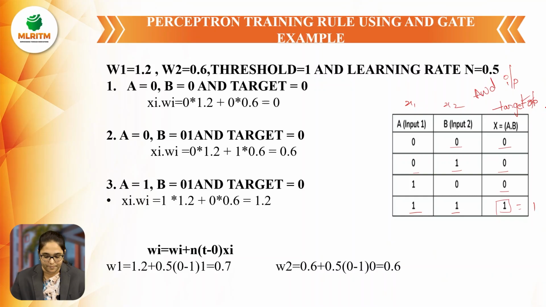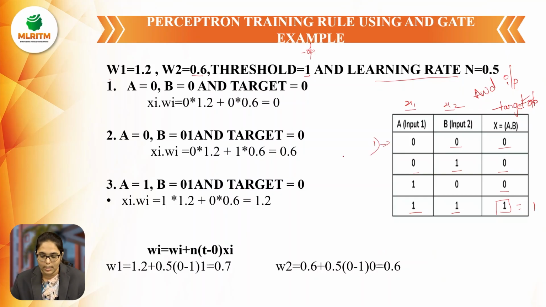For these input values, we are considering random weights: W1 is 1.2 and W2 is 0.6, the threshold value is the output value, and the learning rate n is equal to 0.5. So first we'll perform some iterations based on this AND gate.